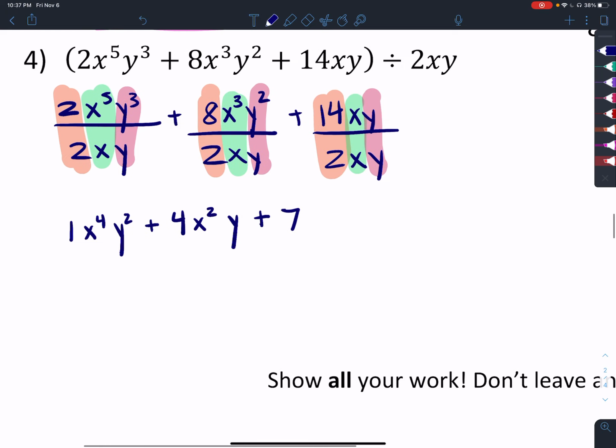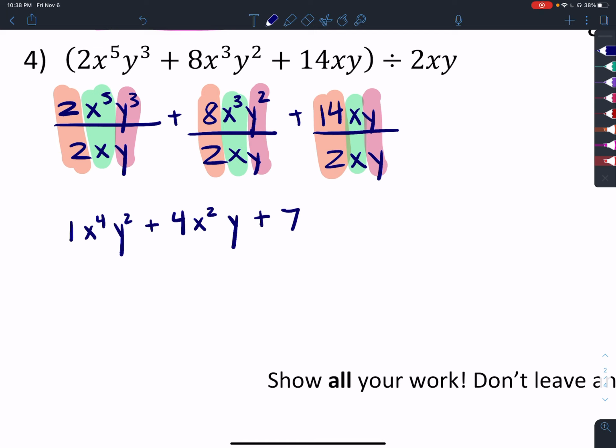If this was 14xy divided by 14xy, then our entire answer would just be 1. It would not be 0. It does not just disappear. If you start off with 3 terms here, you're going to end up with 3 terms at the end. So always be careful there.